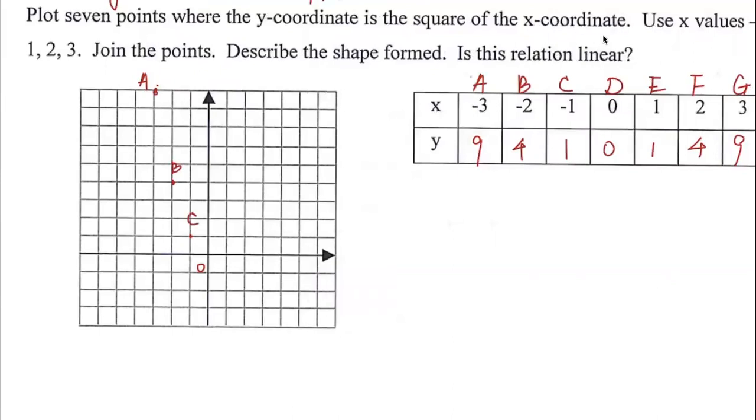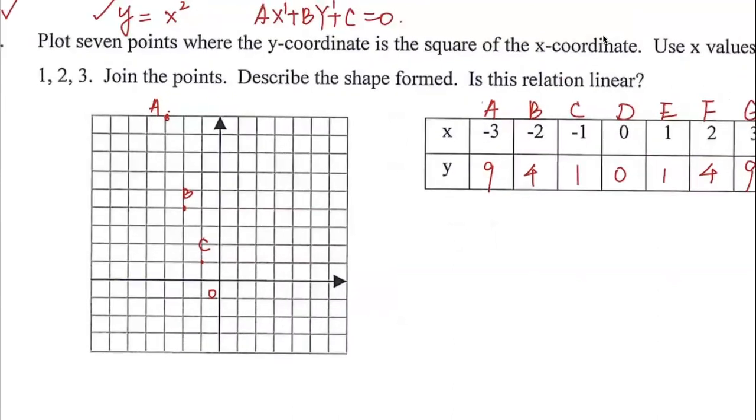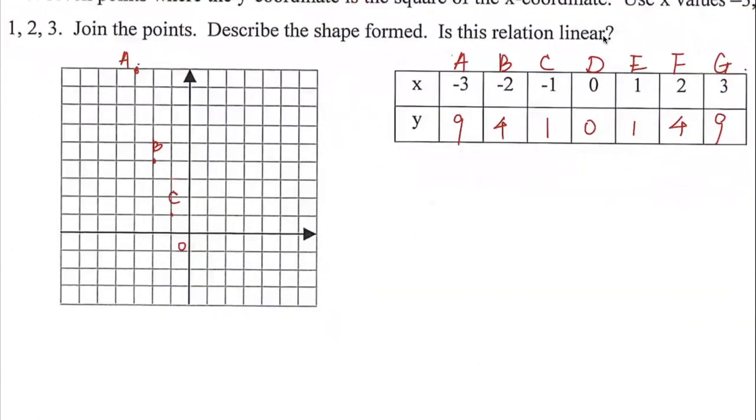This is C. For the graph of this expression, I'll tell you this later. Let's plot the points first. And then we have 0, 0, and 1, 1, 2, 4, and 3, 9.